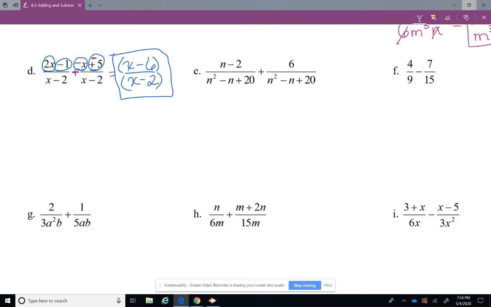All right, for this next one, we don't have any like terms to add the n to, but we have negative 2 plus 6, which is going to give us 4. It's going to give us a positive 4.